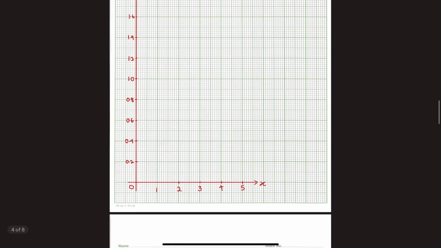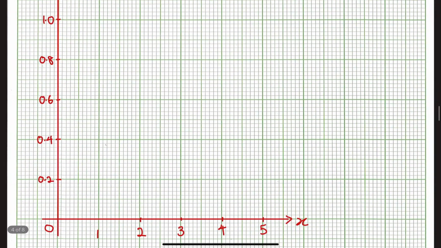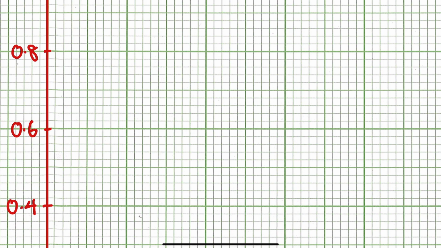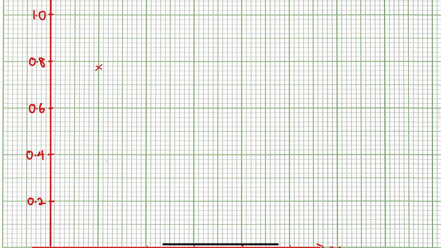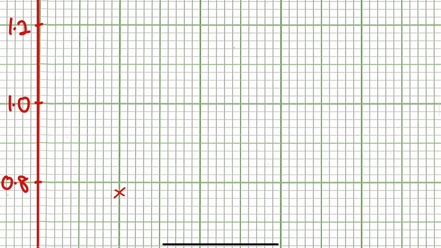I have x equals 1, 0.778. Okay, 2 is 1.079. You can do an estimation.